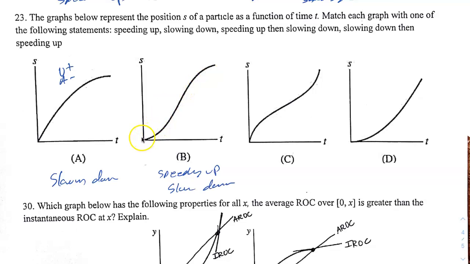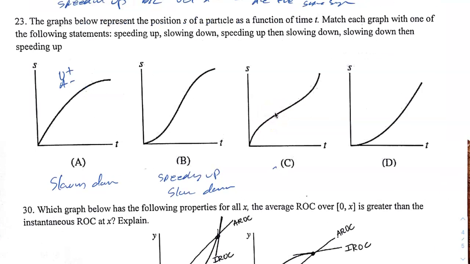Like here, it's all increasing, so velocity is all positive. But then look at the slopes, it's getting steeper, and right here it's getting less steep. So it changes. This one, you start off really fast, but then you start leveling off. So you're slowing down to start off. Then over here, you're getting faster again.